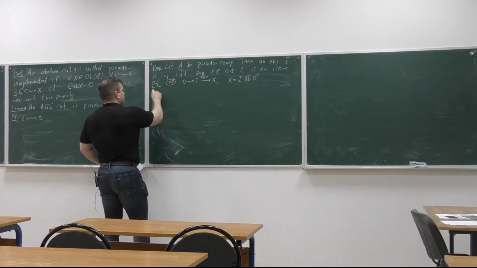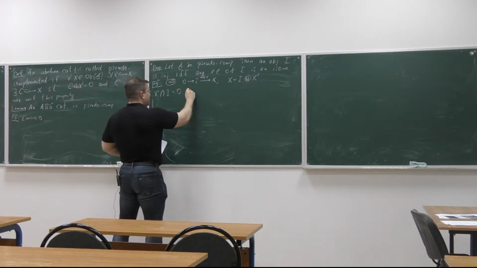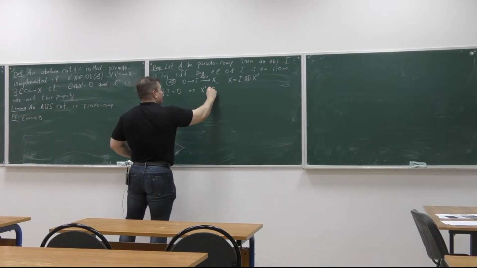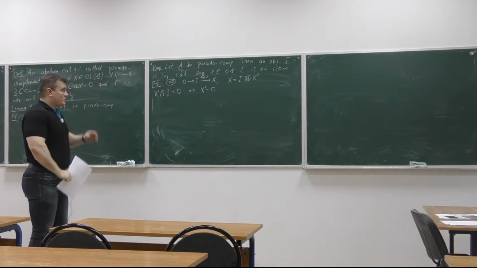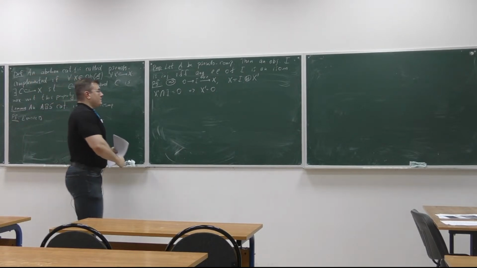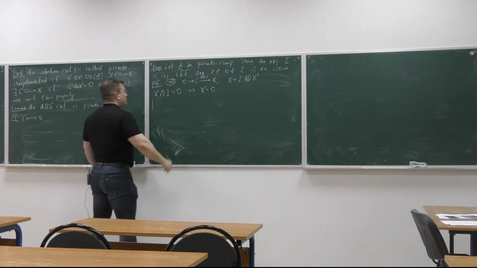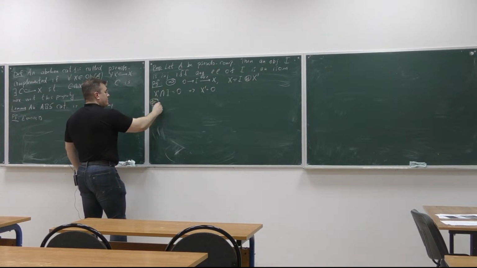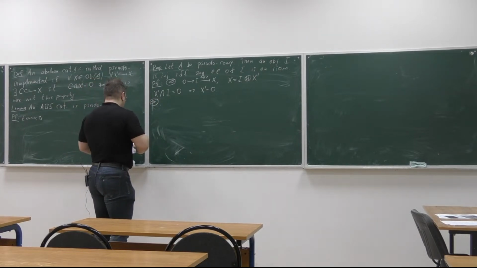But the intersection of this complement X prime with I is 0. Hence, X prime is 0. So everything immediately follows because this arrow from I to X is an essential extension. Okay, in the other direction, it's a little bit more interesting.